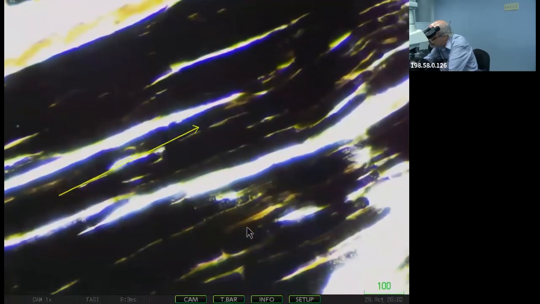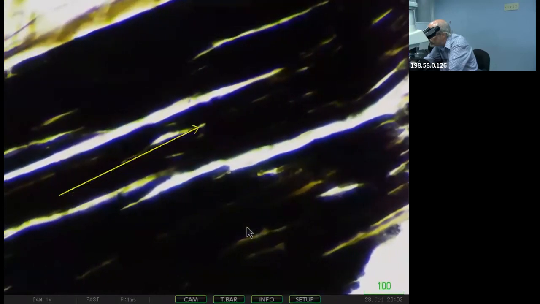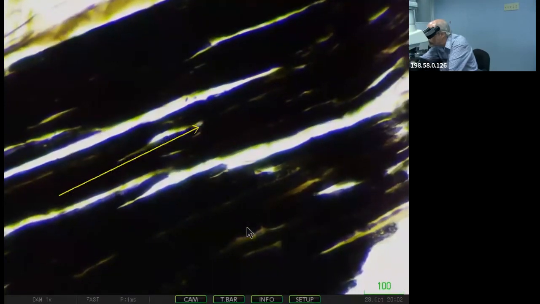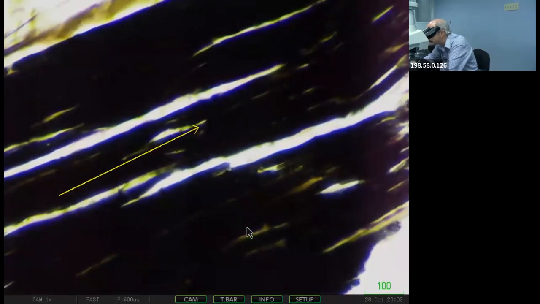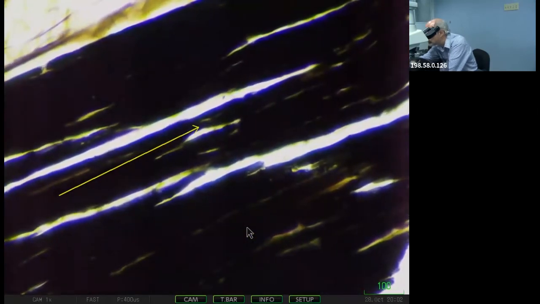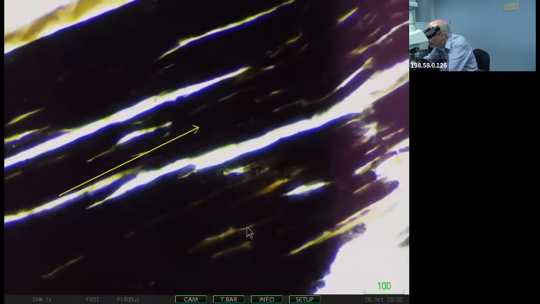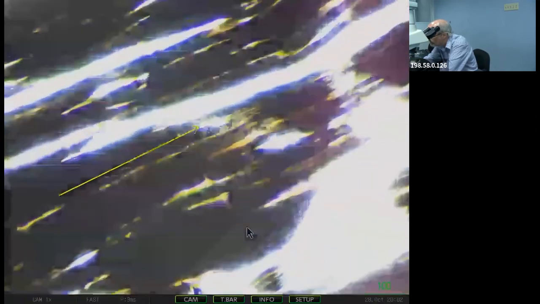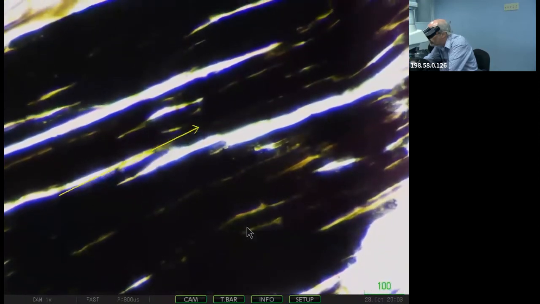Maybe here, but you have to trust me. The problem is that the light is fluctuating. See the area here.